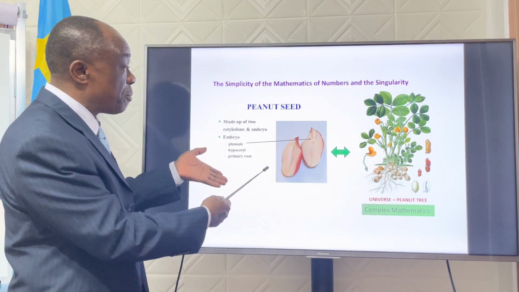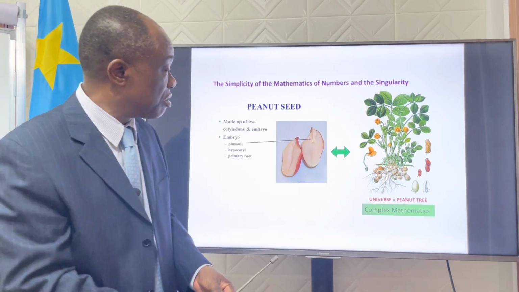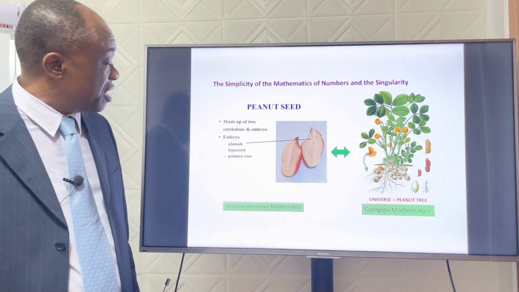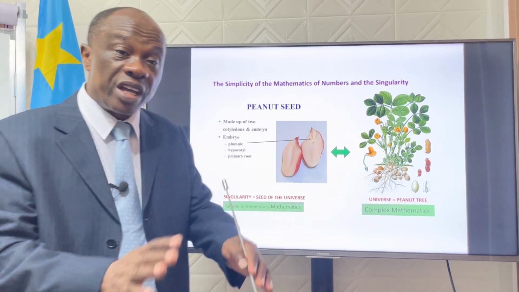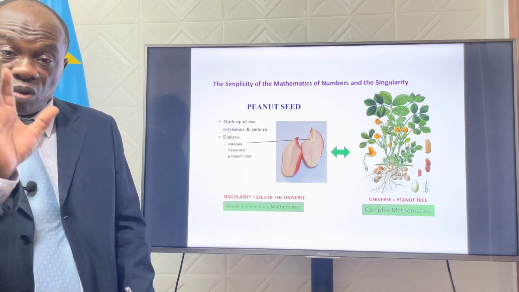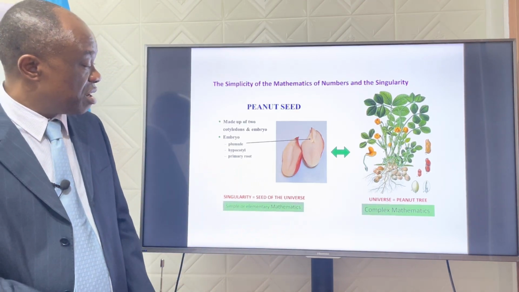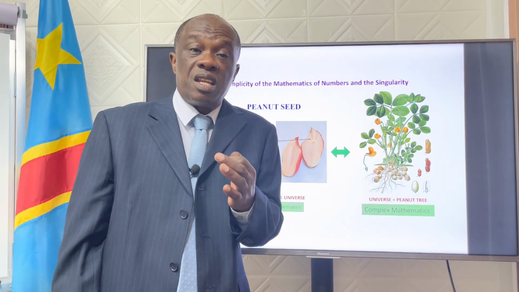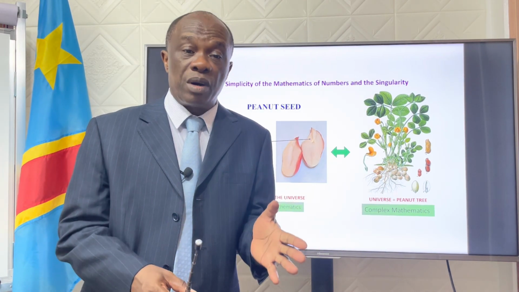So it's very simple. That's why the mathematics that will explain the singularity are very simple. And this is what I want to pass to you as a message. That's why these mathematics are needed for everybody.